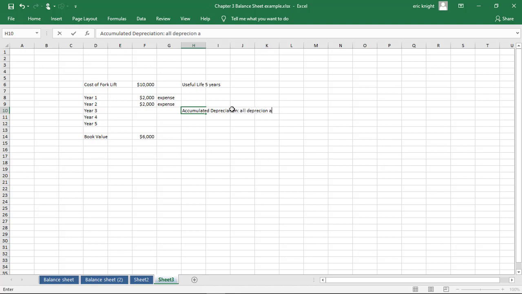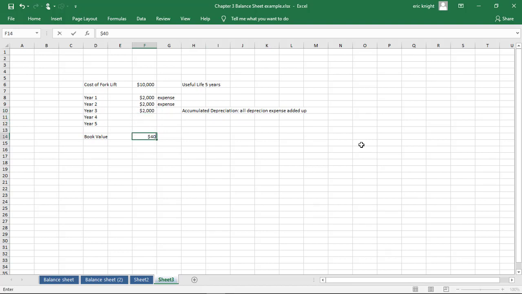All depreciation expense added up. So to get the book value, you take the original cost, they call it the historical cost, and you subtract out all the depreciation thus far. Now, that leaves us with $6,000, and eventually we'll get down to zero. It depends on the method we use.